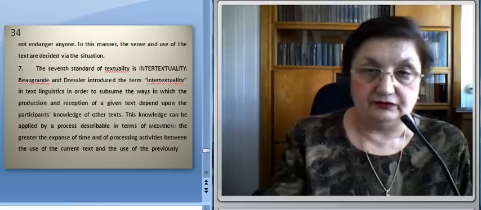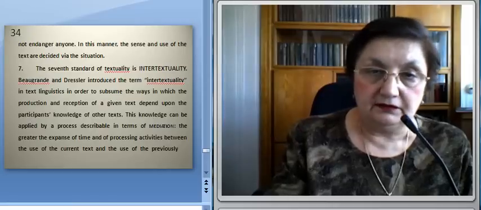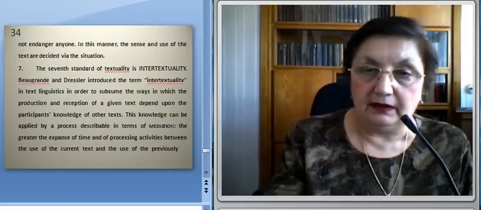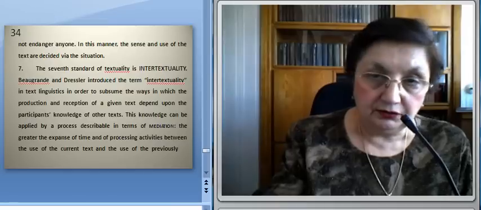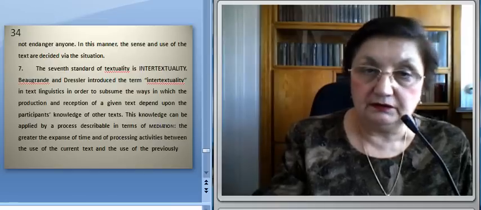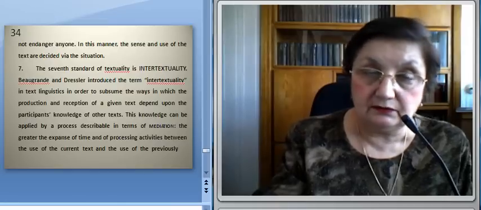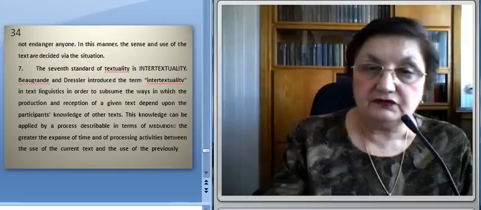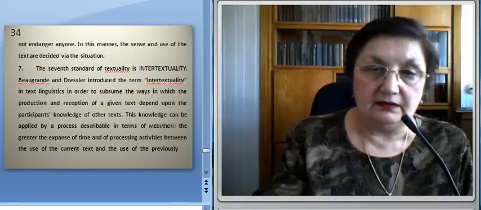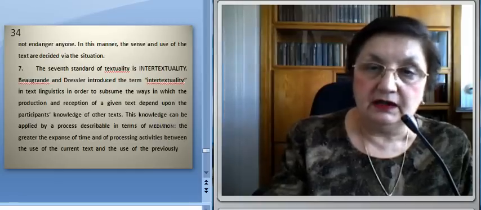This knowledge can be applied by a process describable in terms of mediation. The greater the expanse of time and of processing activities between the use of the current text and the use of the previously encountered text, the greater the mediation.